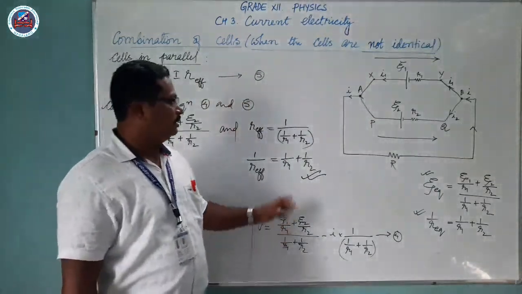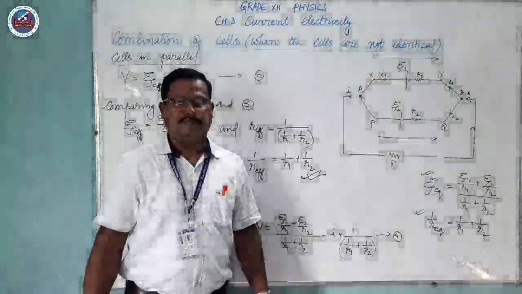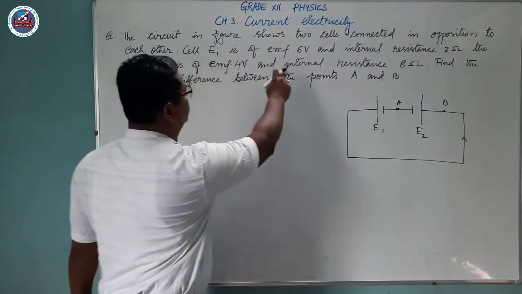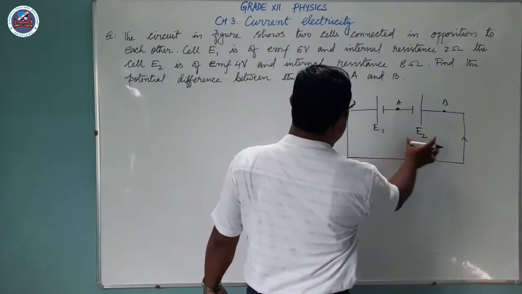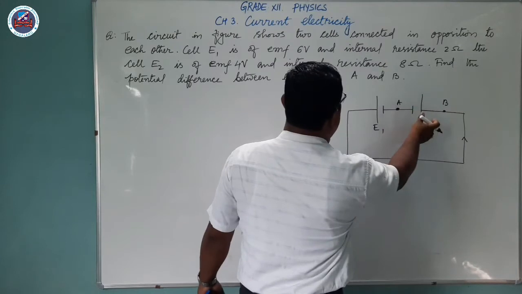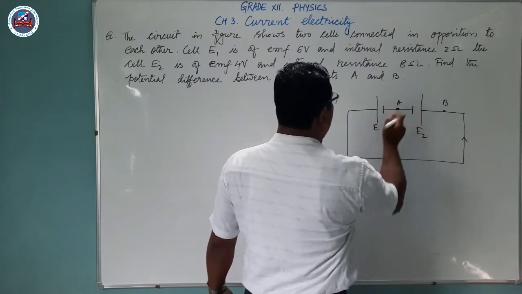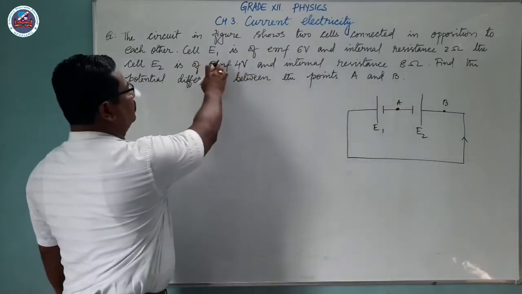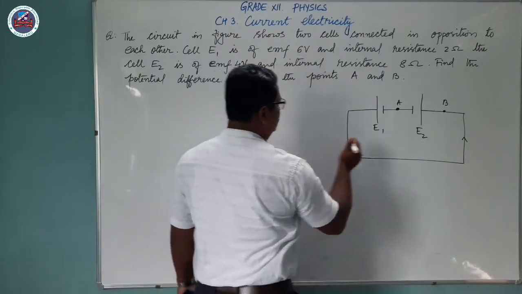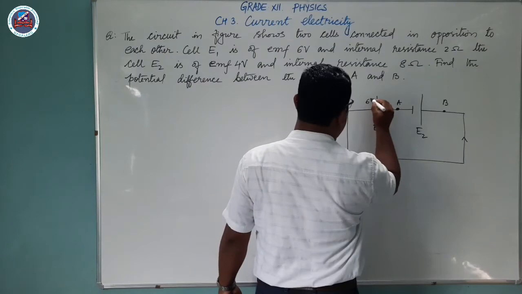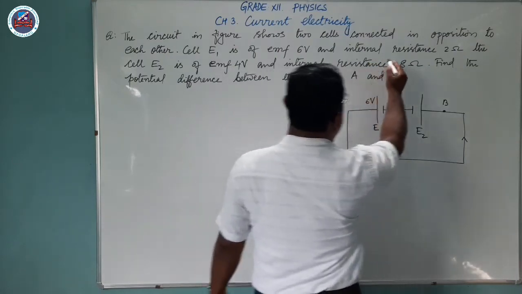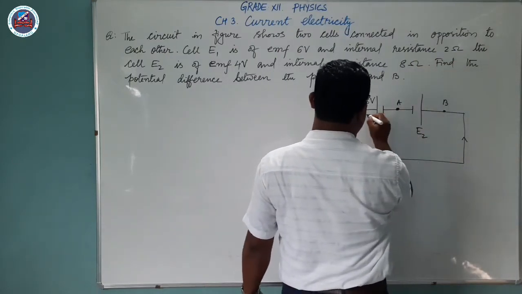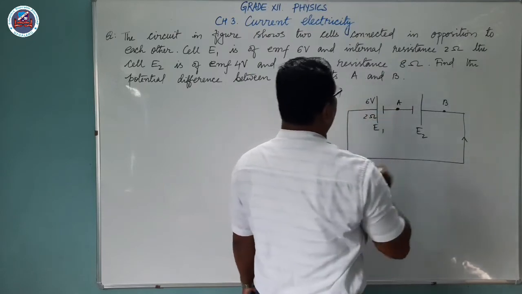Now let us do some numericals and see. The circuit in figure shows two cells connected in opposite to each other. Negative terminal is connected to negative terminal of the other cell. Cell E1 is of EMF 6 volt and internal resistance 2 ohm.